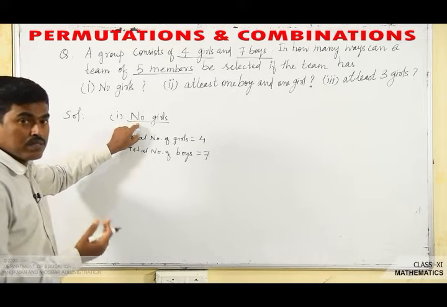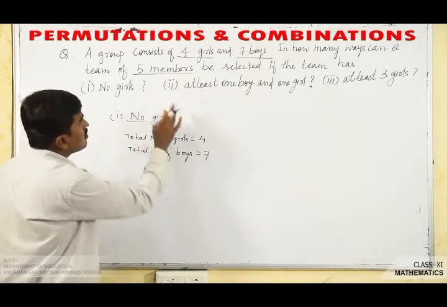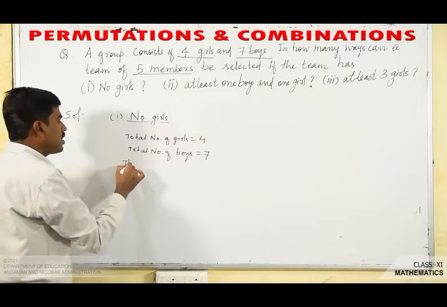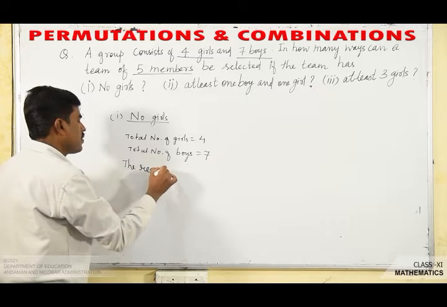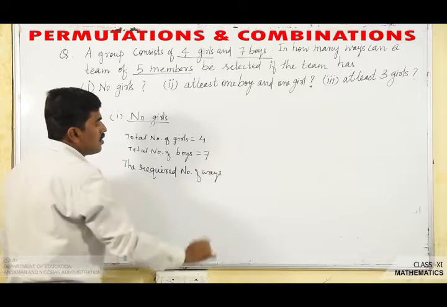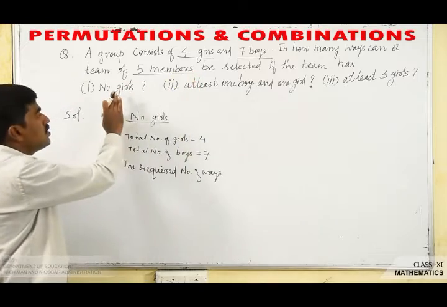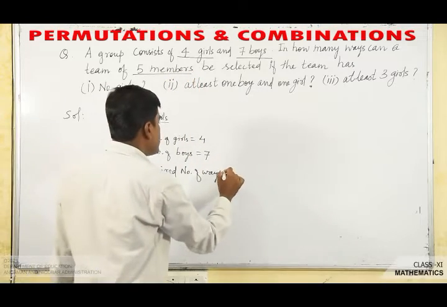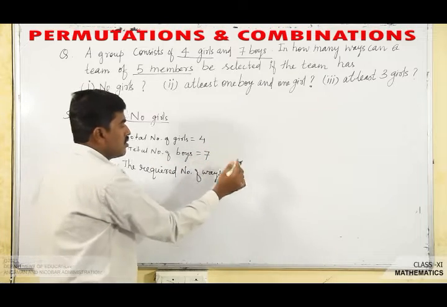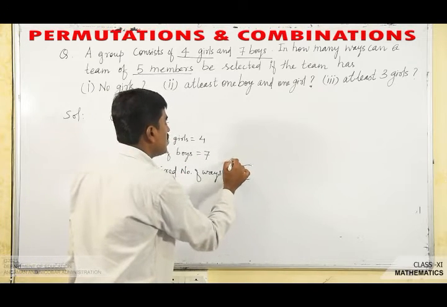In how many ways can we select it? That means these 5 members must be selected out of these 7 boys. So the required number of ways in which the 5 members can be selected with no girl is equal to, out of these 7 boys we have to select 5 members. That is the only case when there will be no girl. So it is in how many ways?